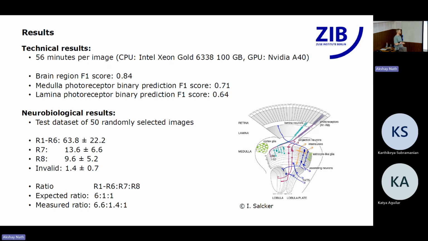These absolute numbers don't really tell us much, but if we take a look at the ratio, we know that there's a ratio of R1 to R6 to R7 to R8. Since we have 6 and one of each of the others, we expect a ratio of 6 to 1 to 1. And we actually get pretty close to this: 6.6 to 1.4 to 1. This deviation has multiple possible reasons.